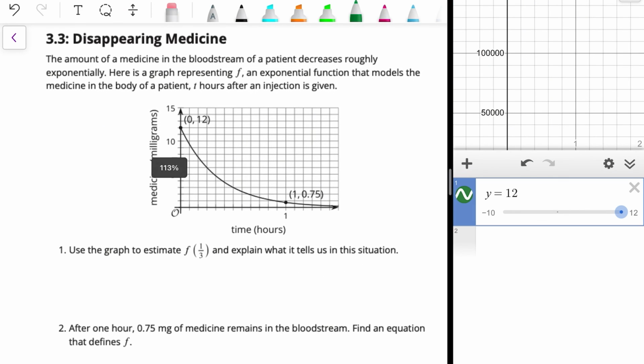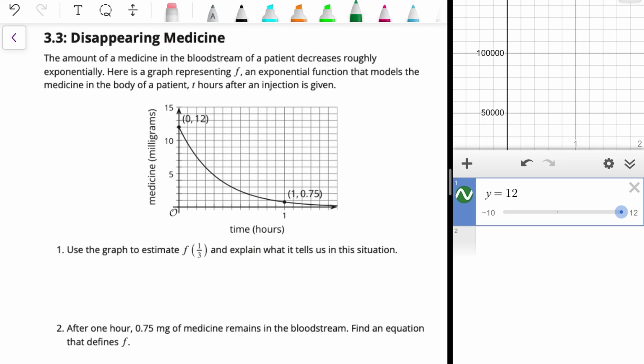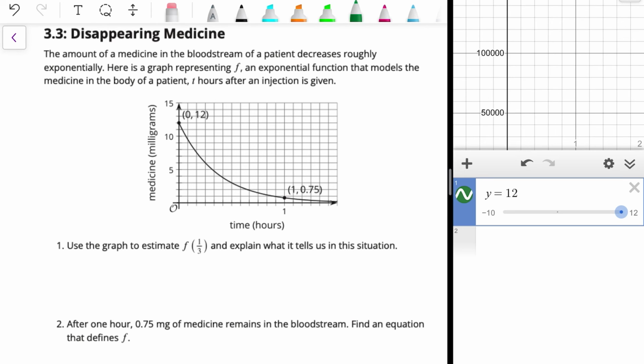All right, so 1/3 would be about, let's see, 1, 2, 3, 4, 5, 6, 7, 8, 9, 10, 11, 12. So 1, 2, 3, 4, so it's about right there. So that's fairly close to 5, maybe about 4.7 milligrams.